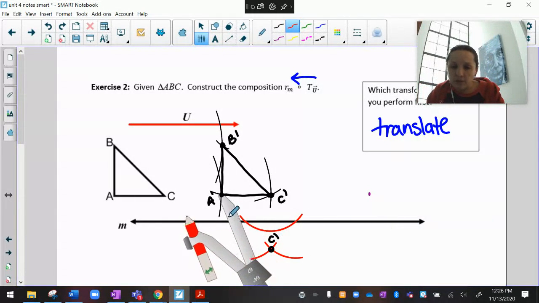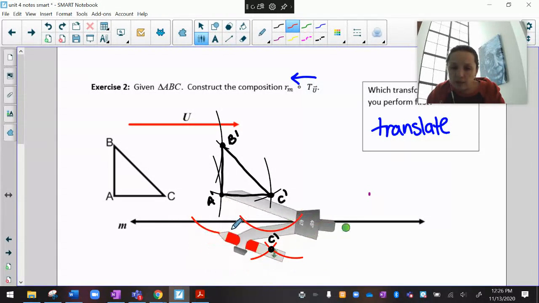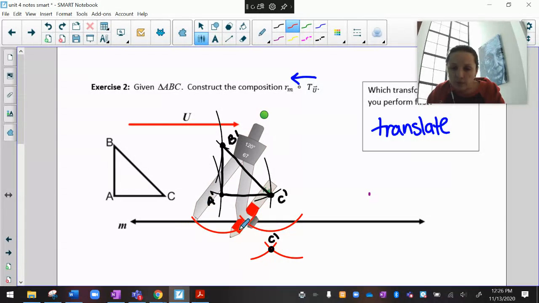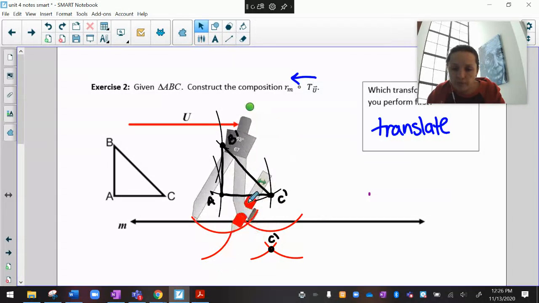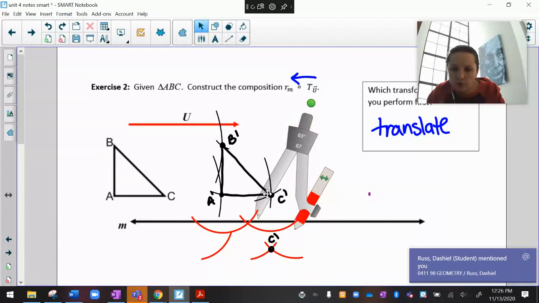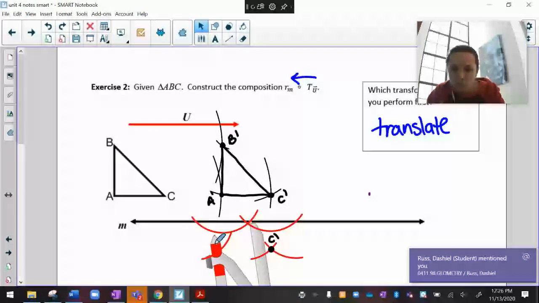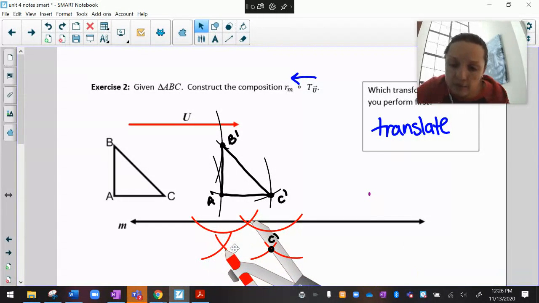Going to do the same thing from A. Hit the line twice. From each intersection, draw down. Nope. It refuses to draw. Why, oh why? There we go. So draw from there and from there. Now I have A prime.